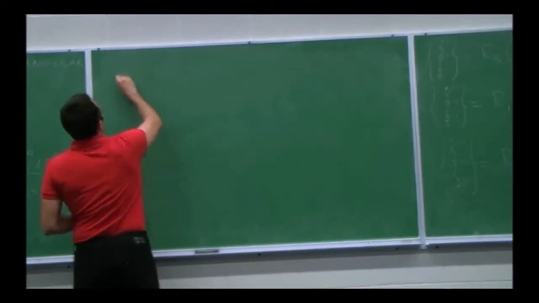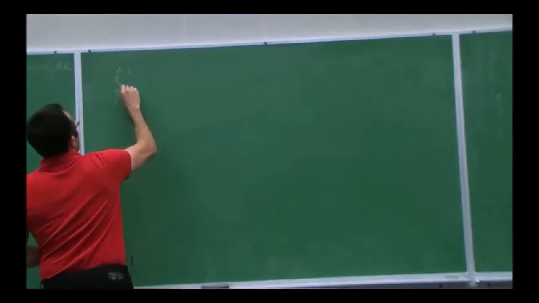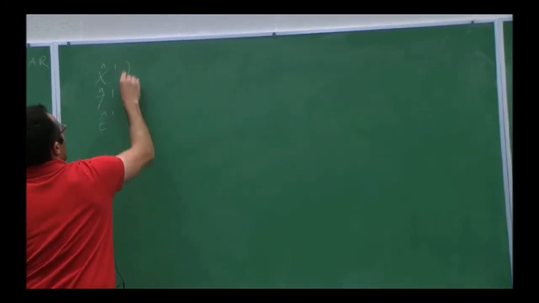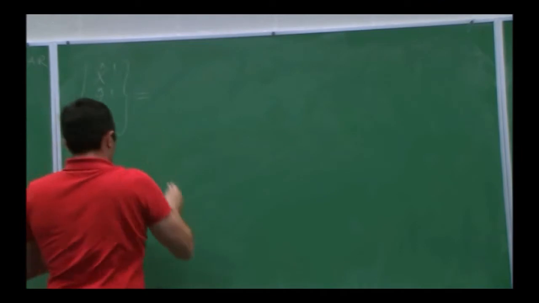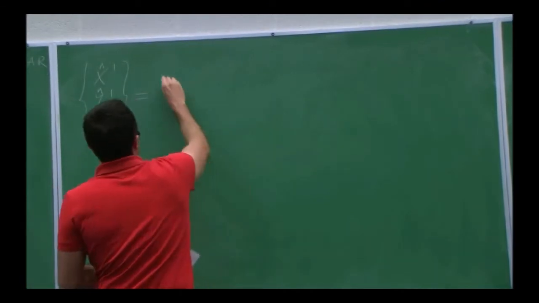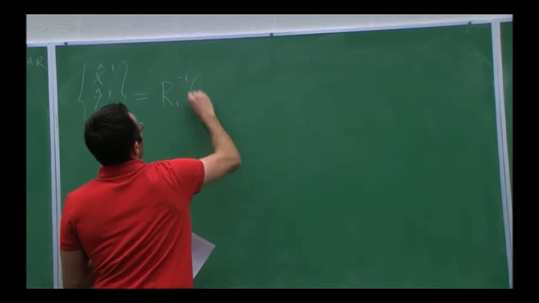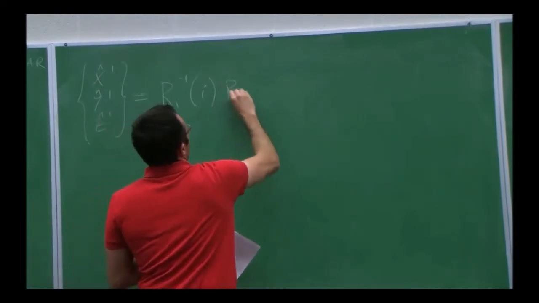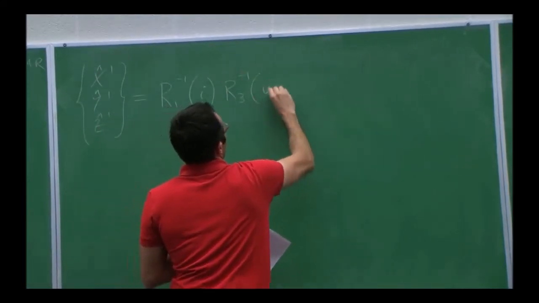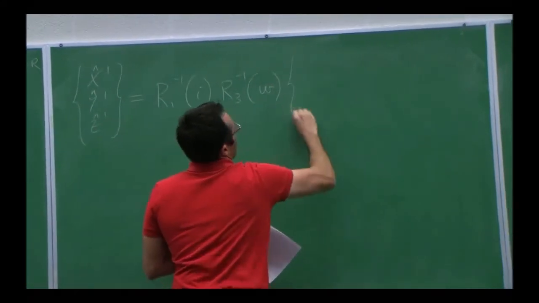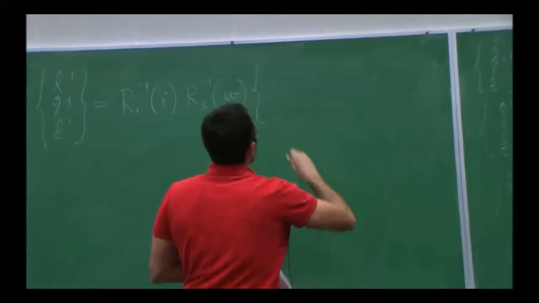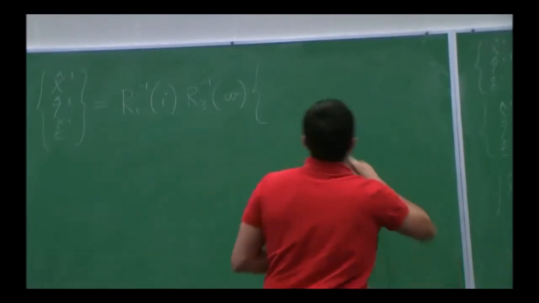So what do I have? I have that x prime, y prime, and z prime are equal to R1 inverse of I, R3 inverse of little omega, that multiplies the third basis.